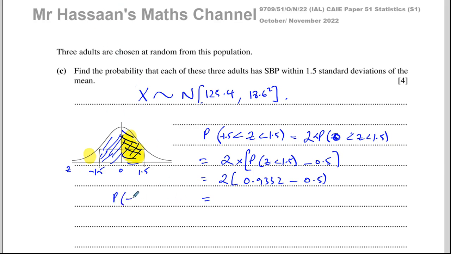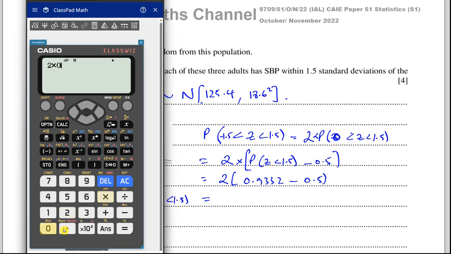So we'll put this in our calculator: 2 times, in brackets, 0.9332 minus a half, minus 0.5. That gives me the answer, which is 0.8664.